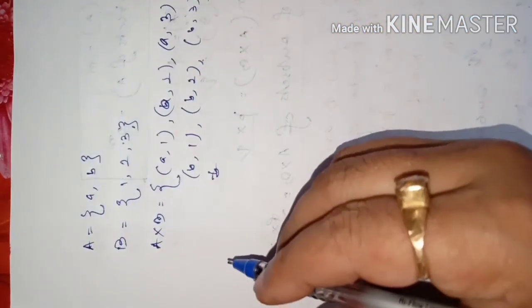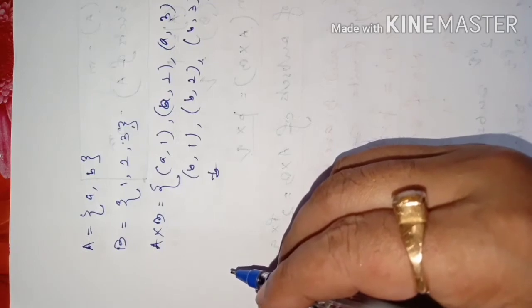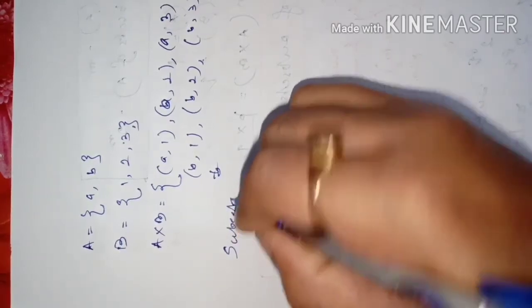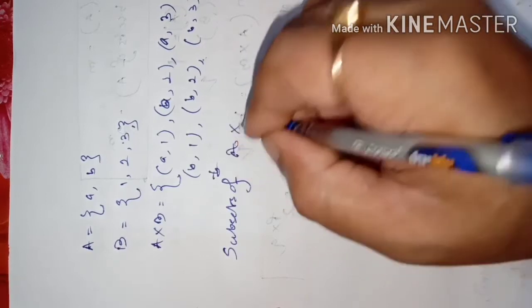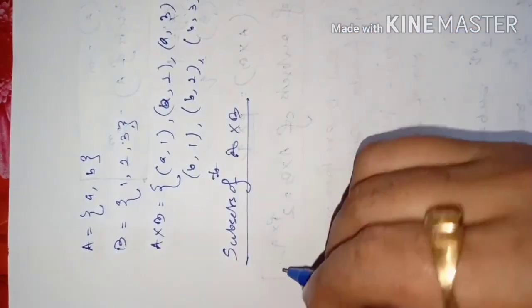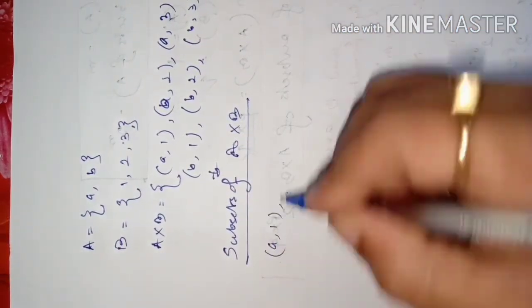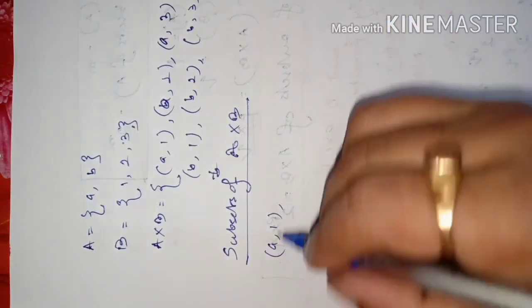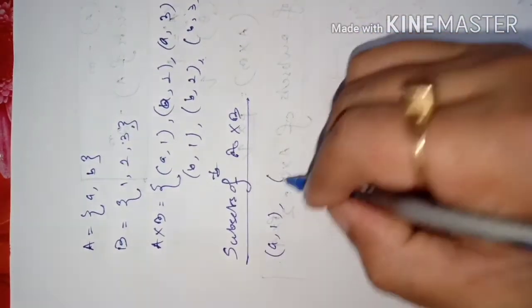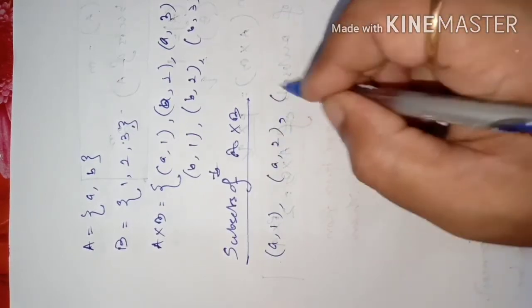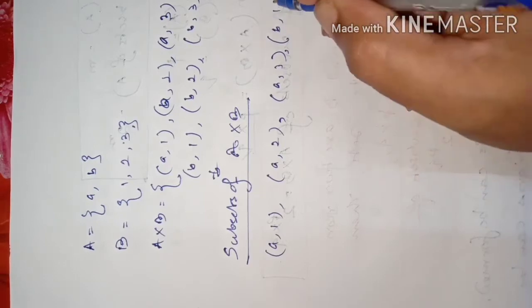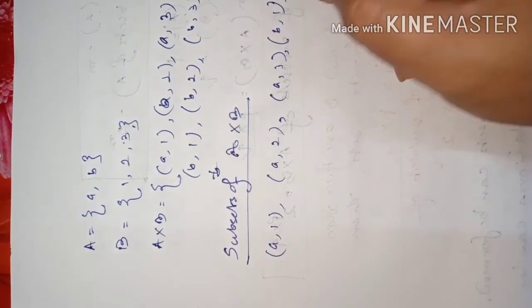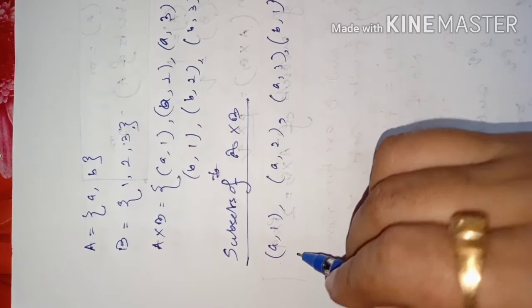Now if we write the subsets of A cross B, the subsets with one element are: this is a subset, then a comma 2, a comma 3, then b comma 1, b comma 2, then b comma 3.